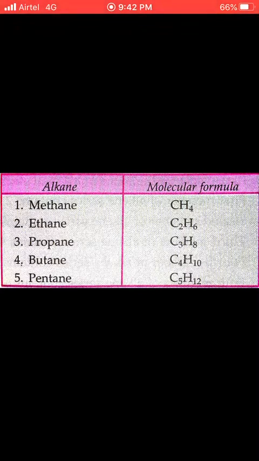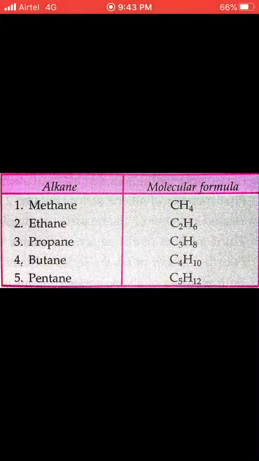Looking at the molecular formulas of these compounds, if you add CH2 to methane, it will become ethane. Then if you add CH2 to ethane, it will become propane. So what is happening? The only difference between these alkanes is CH2.